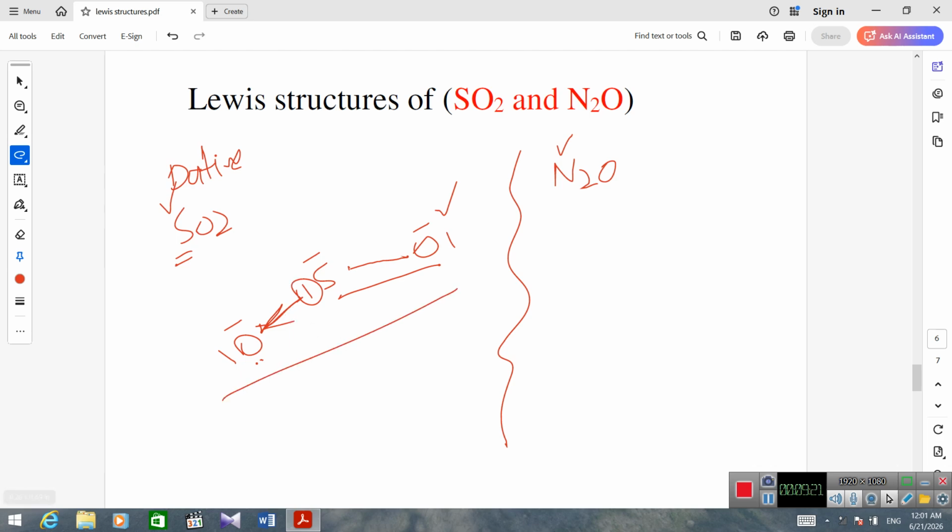As a result, the Lewis structure of sulfur dioxide is this form, and this bond is a dative bond because sulfur brings one pair of electrons and oxygen brings no electron.